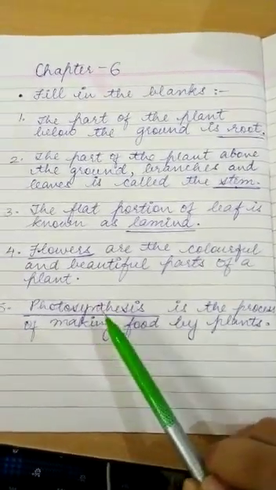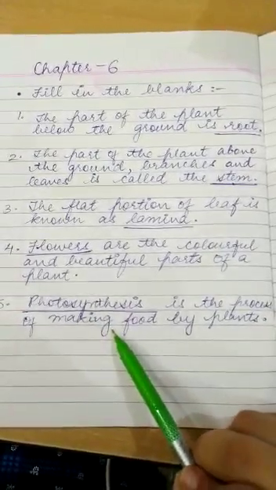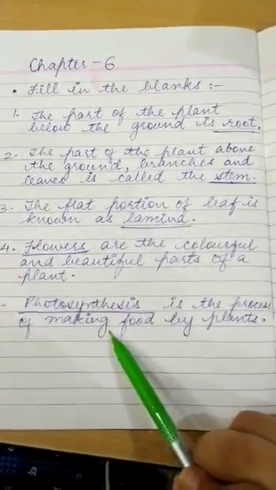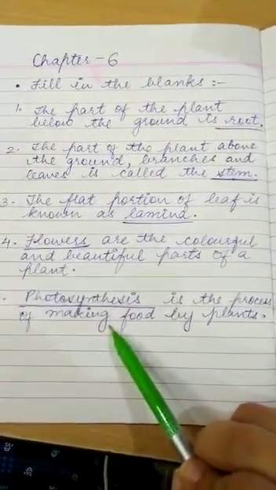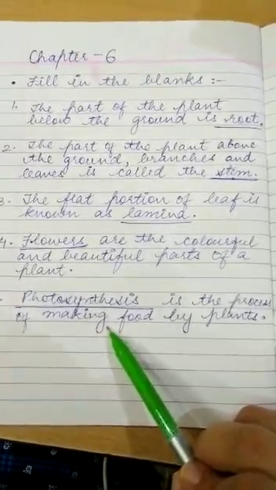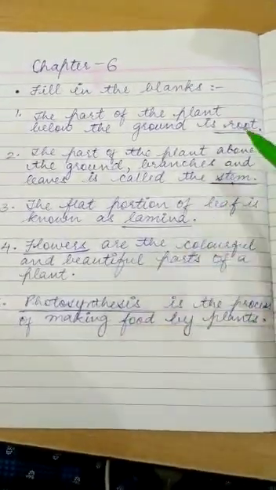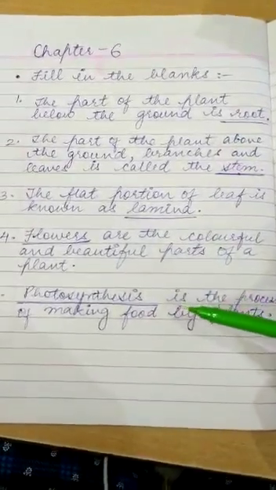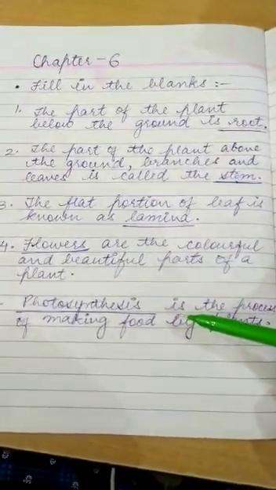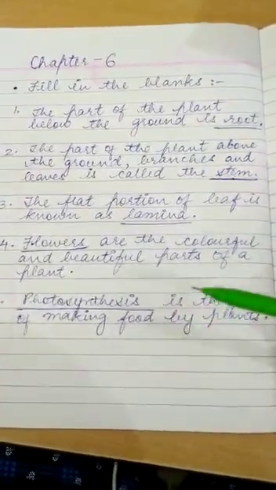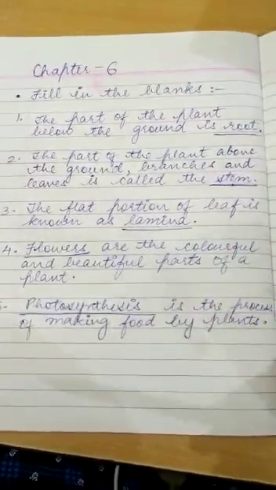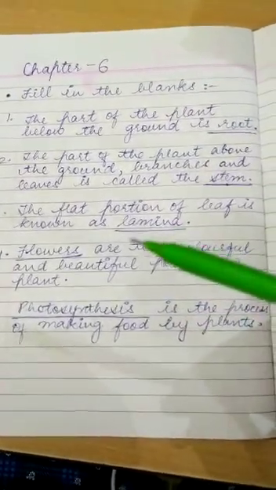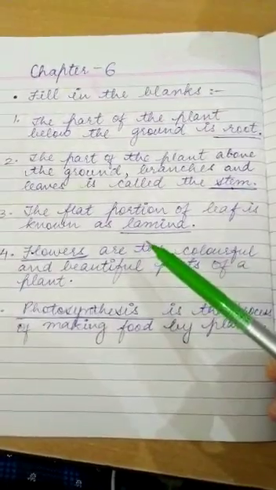Okay, if you are clear with fill in the blanks, then we will move on to true and false. Before that, I would like to tell you that these are some fill in the blanks that I have made. But you should also know how to form fill in the blanks on your own. How will that talent come?